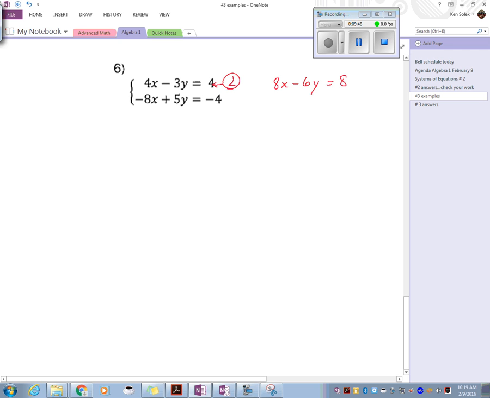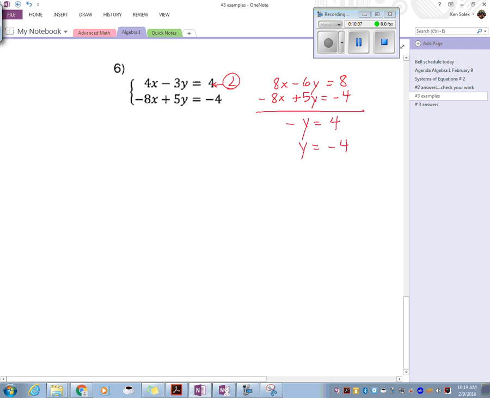And keep that equation, -8x plus 5y equals -4. Add these, the x's cancel. This becomes -y equals 4. And if negative y equals 4, then positive y has to be negative 4.